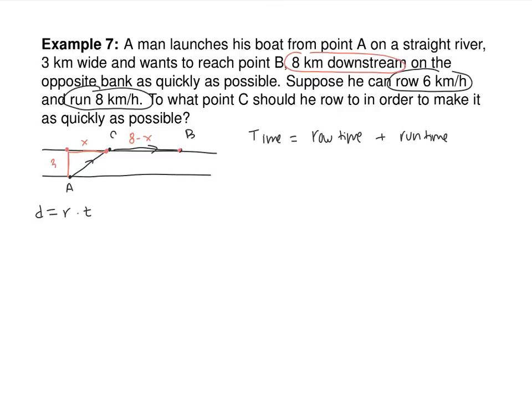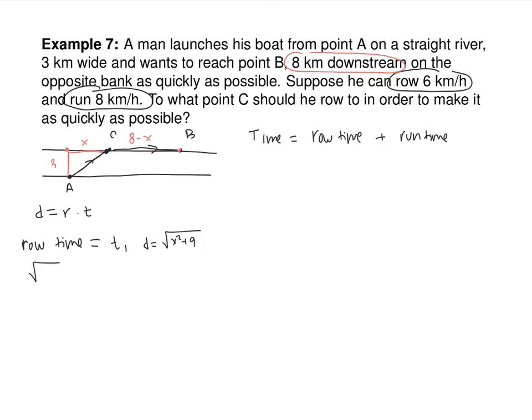So let's just do the row time. Let's let that be T1 because he does that first, okay? How far is the distance he has to go with his boat, the length from A to C? Root x squared plus 9. Does that make sense?